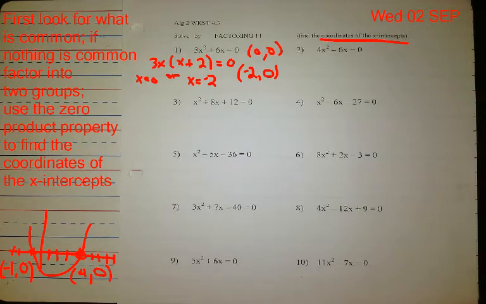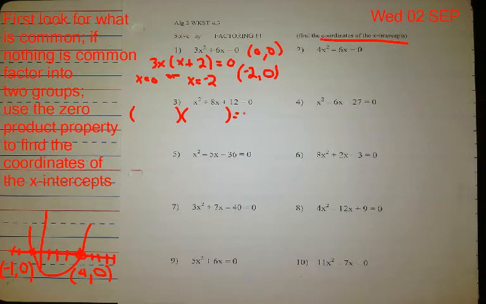Now let's do number 2. So in number 2, we look and see, is there anything common? Nope, nothing. This one has an x, this one has an x, that one doesn't. This one you divide by 2, that one divide by 2, that one doesn't. So you have to break it into 2 groups, just like we were.